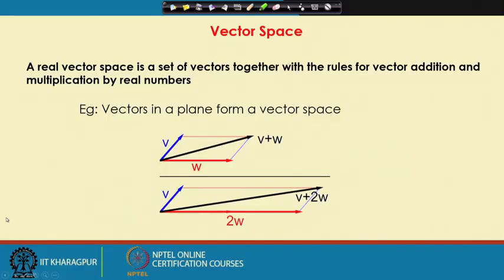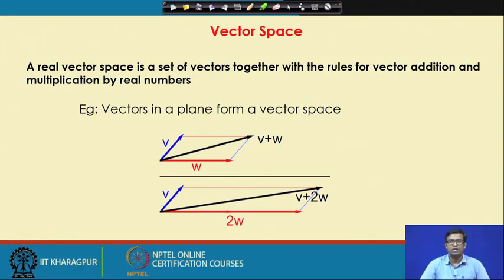For example, vectors in a plane form a vector space. To explain that, say there are two vectors v and w, and they lie in a plane. If we do an addition v plus w, that will also lie on the plane, so this plane is now a vector space where all the vectors are lying.